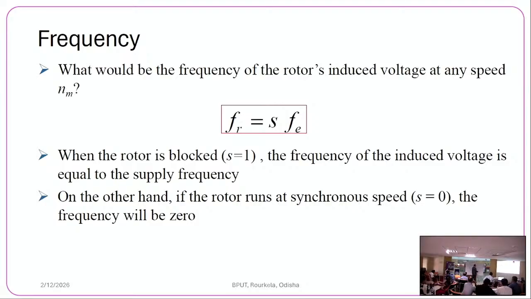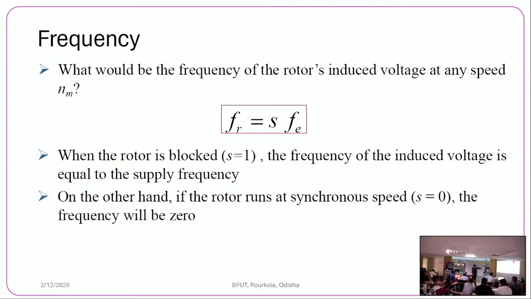Now if we relate this omega S and omega, it should be the same, but it will not be the same all the time. Omega is 2 pi f, the supply frequency.